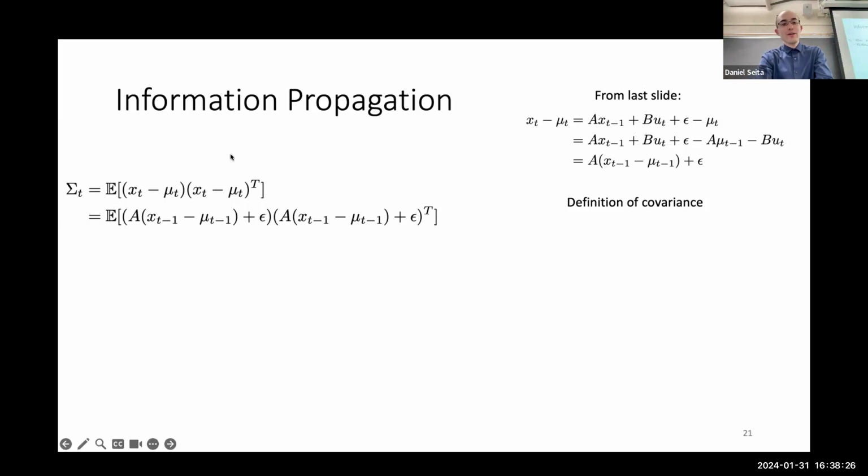So it's standard algebra, except you have to watch out for the transpose, because you have to be very careful and track whether each thing is a column vector or a row vector, and make sure the dimensions work out.